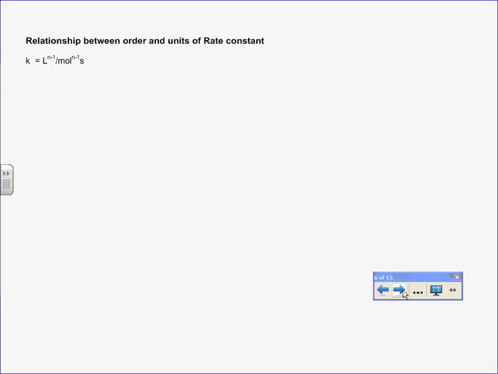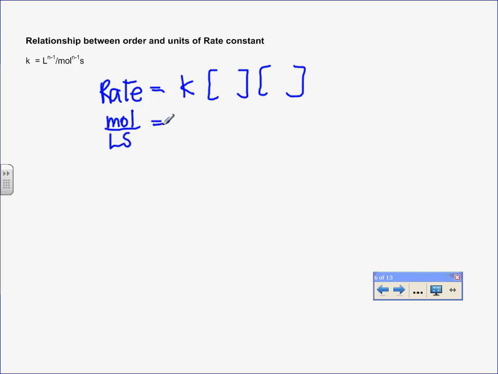I'll talk in a moment about how to determine the units for this. If we want to know the units for the rate constant, and it's important to determine these because they do give us information about the reaction, let's look at what we have. Rate is equal to the rate constant times the concentration of various reactants and products. The units for rate are mole per liter per second. The units for concentration are mole per liter.